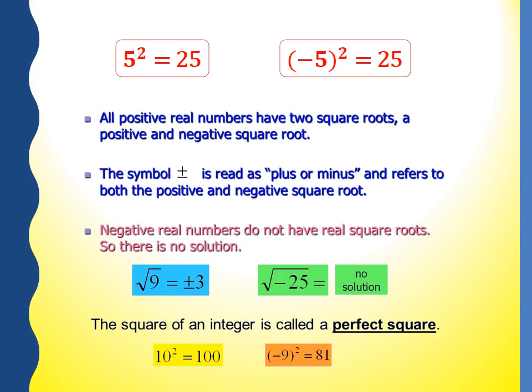The symbol plus or minus refers to both the positive and negative square root. But negative real numbers don't have a real square root. Then root of negative 25 has no solution. The square of an integer is called a perfect square.